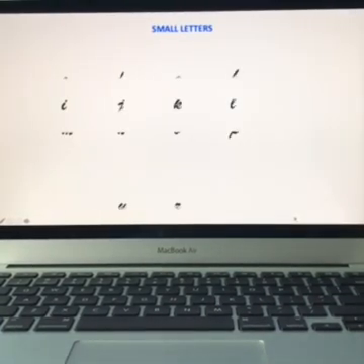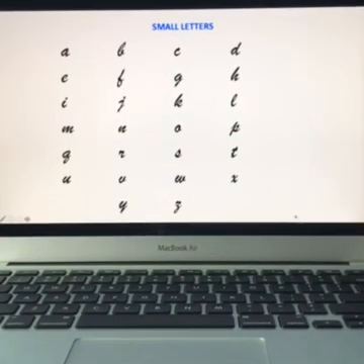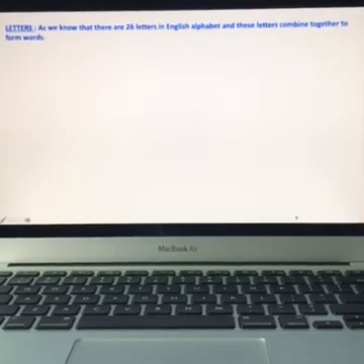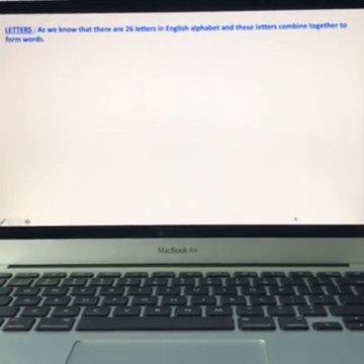These are small letters written in cursive. Practice writing capital and small letter in cursive at home. Letters. As we know that there are 26 letters in English alphabet and these letters combine together to form words.